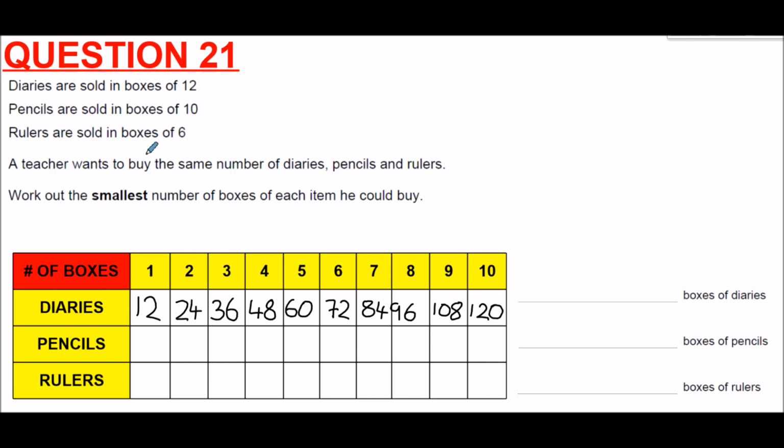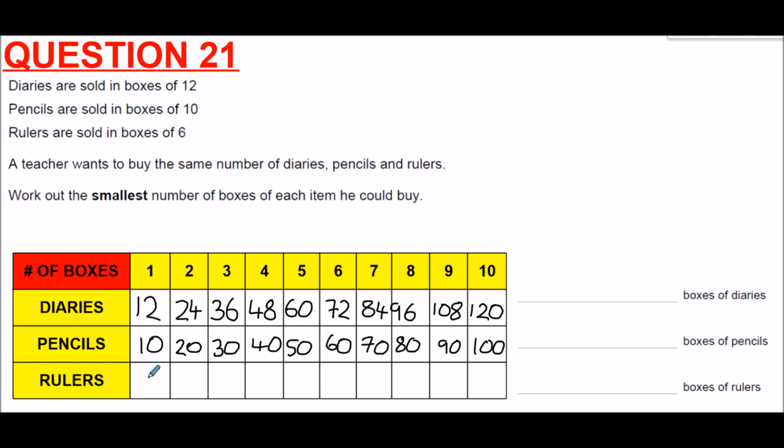Pencils are sold in boxes of 10. So one box would be 10 pencils, two boxes would be 20, three boxes would be 30, and so on. And so this one, as you've probably realised, is just the 10 times table. 70, 80, 90, and 100. And the rulers sold in boxes of 6.